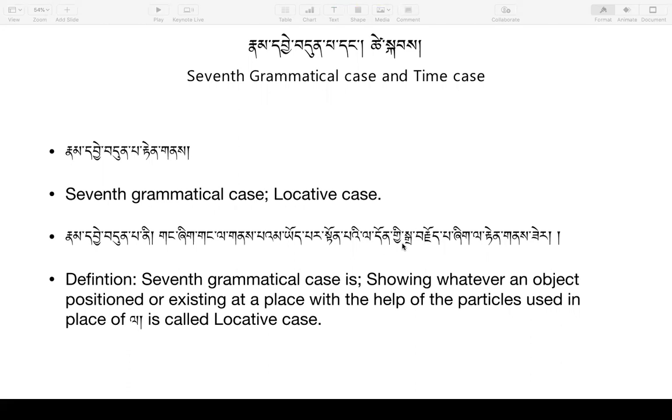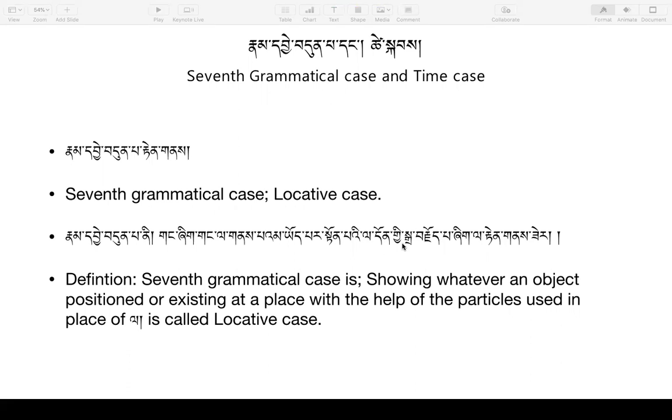So whatever object at whichever position, showing a certain type of phenomena or object existing at a certain position.